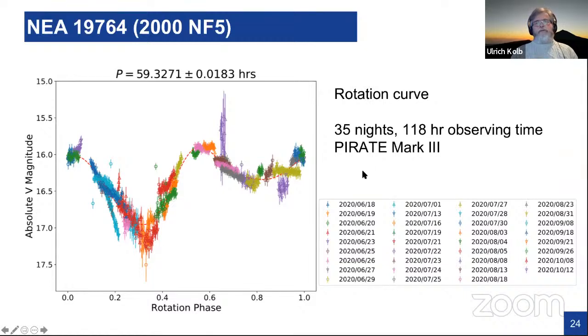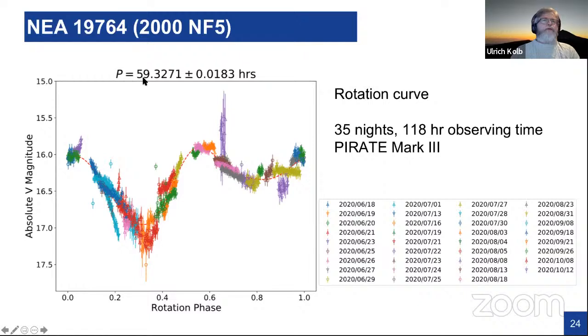These are in fact 35 nights, so 35 different observations, a total of 118 hours, with the smaller period. These are the calibrated V magnitudes, so the true V magnitude of the asteroid. This is not phase curve corrected, that's just the asteroid as such.